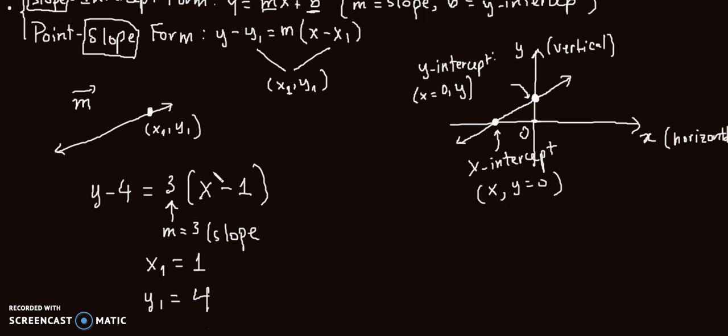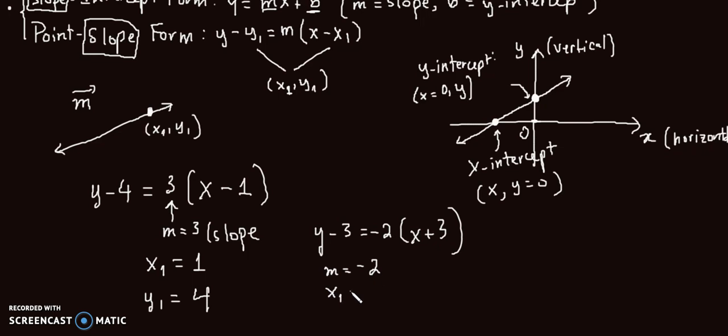Remember that if the sign in front of the number is negative, you keep the same number. What if I have y minus 3 equal to negative 2 times x plus 3? In this case, the slope is the number in front of the bracket, which is negative 2.